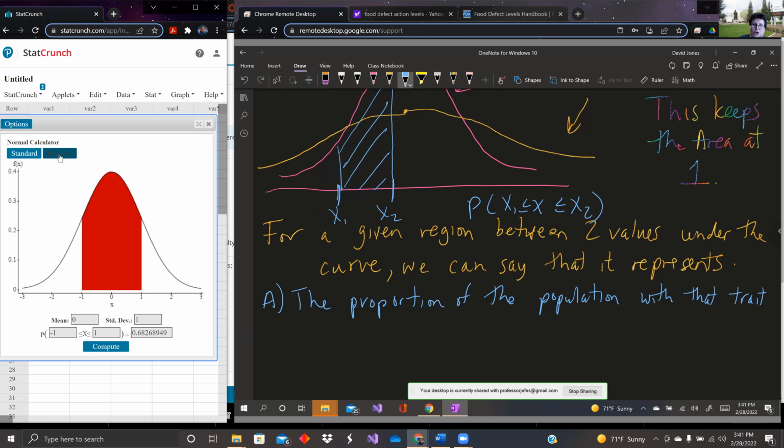If it's not a person, if it's a car, we could be talking about the amount of miles driven on a specific car. It's the proportion of the population with that trait. Or B, a randomly selected individual from that population.